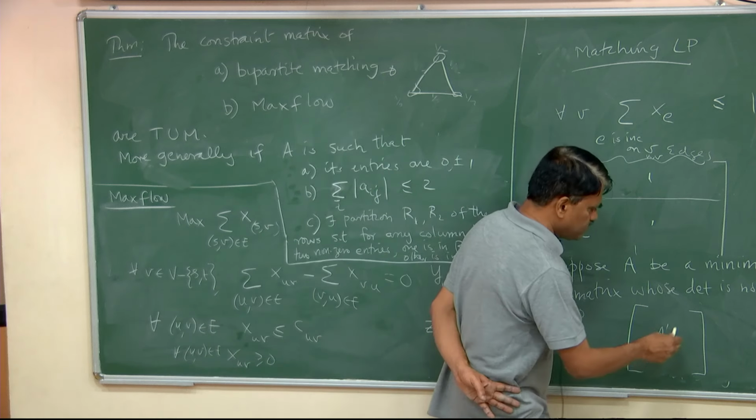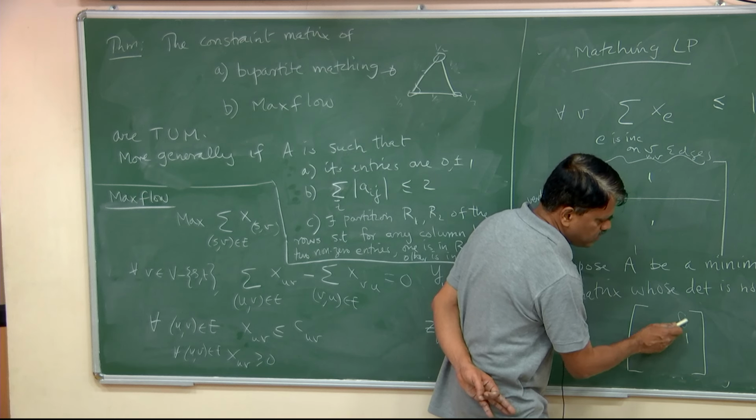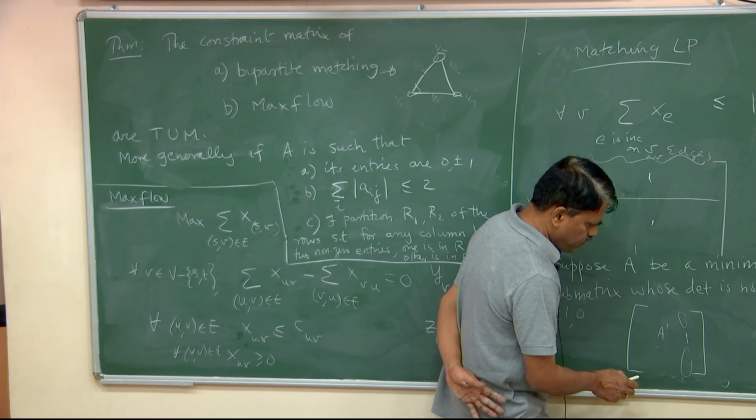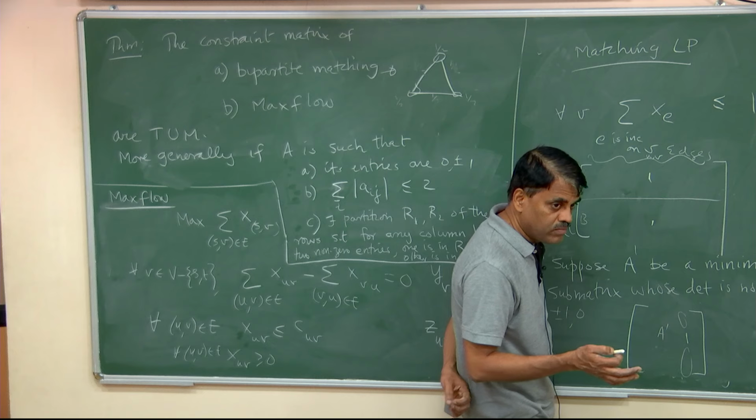If I have a column with exactly one non-zero entry, let's say +1 or -1, and everything else is 0, then the determinant of that will be some smaller submatrix. Exactly.